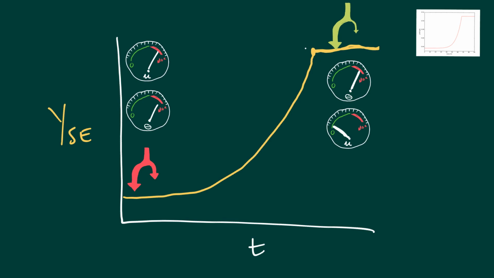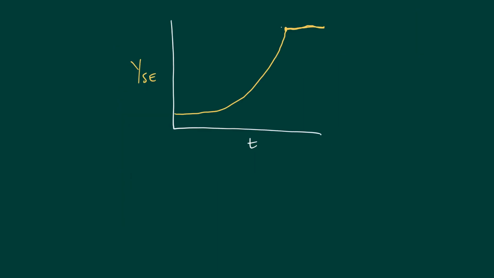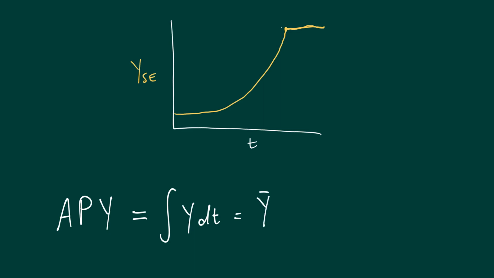So lastly, we go to the cumulative product yield. In the notes we use the fancy word cumulative product yield. What is that? Well, it's really just the integral of the yield. It will give you some sort of average type of yield.